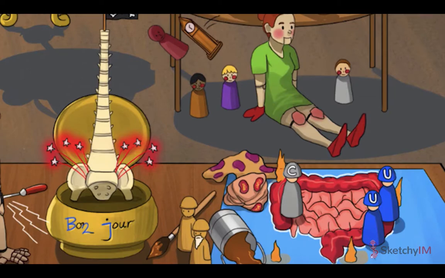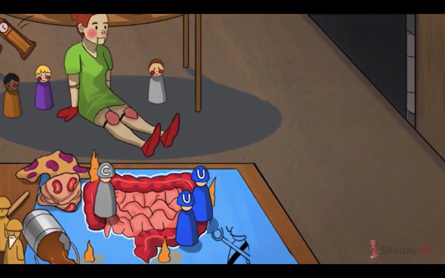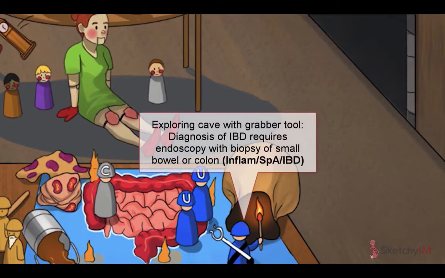It usually occurs on the legs but can appear elsewhere and does not appear to correlate with disease activity. So, in summation, if a patient presents with joint pain and a history of chronic diarrhea, suspect IBD associated arthritis.